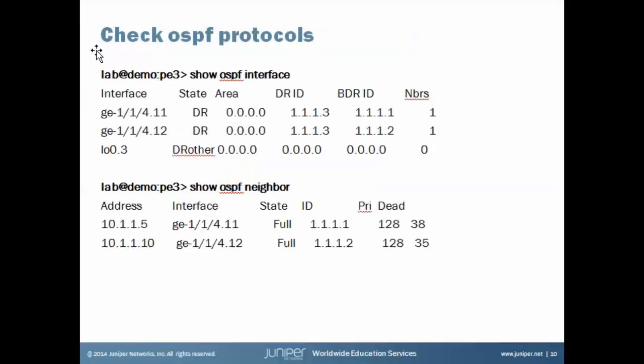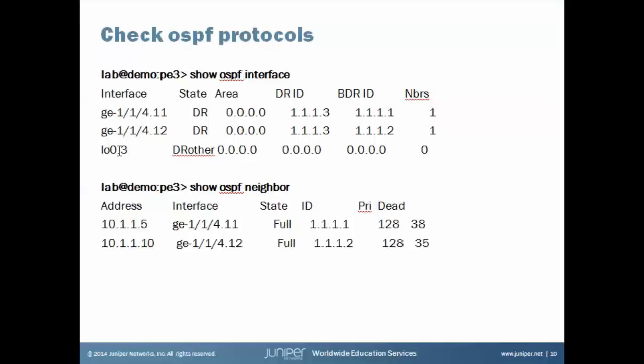After that, we can verify by checking protocol OSPF. Here we are taking the snip from PE3. Show ospf interface. Here we see that PE3 has interfaces facing PE1 and PE2, ge-1/1/4.11 and ge-1/1/4.12, and the DR ID and BDR ID are already shown here.